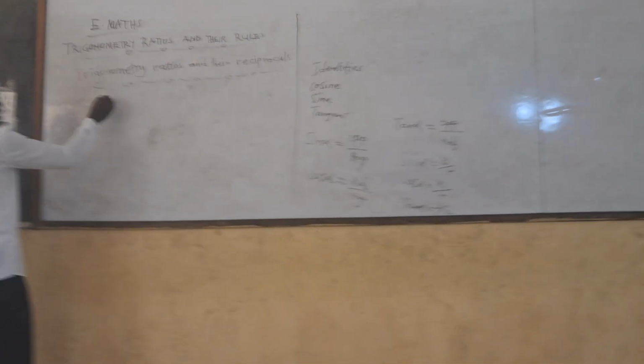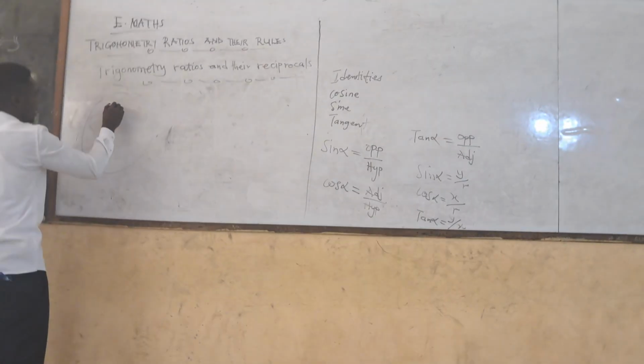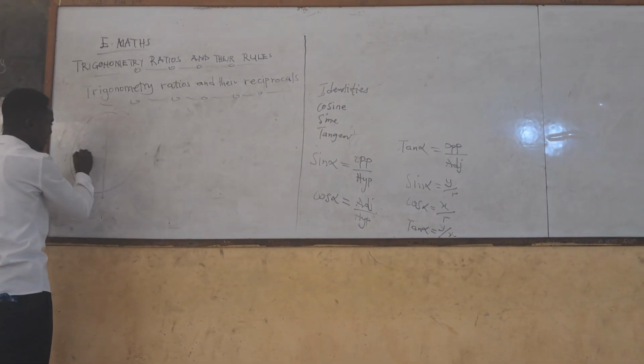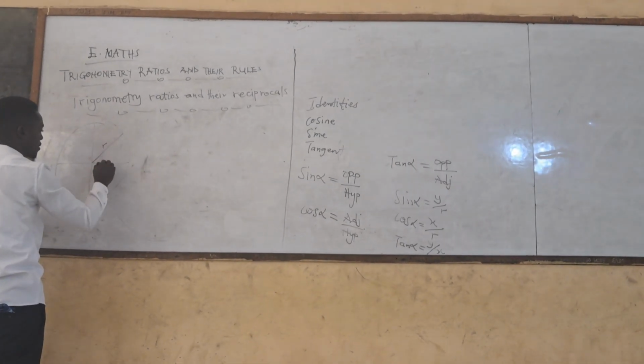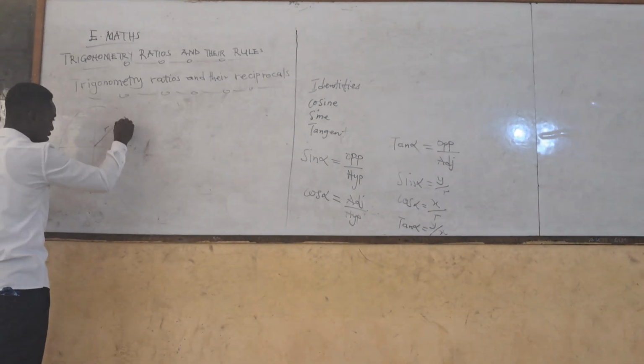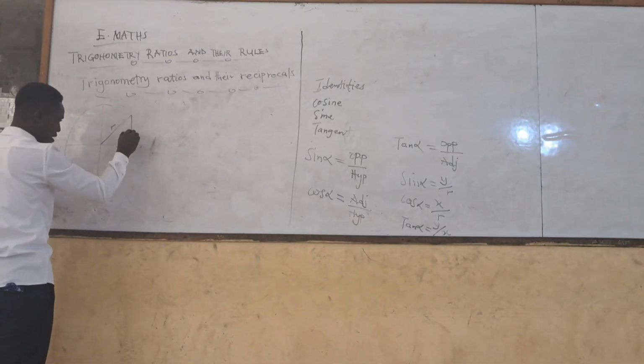As the triangle was drawn like this, we have our r, our x, and our y.